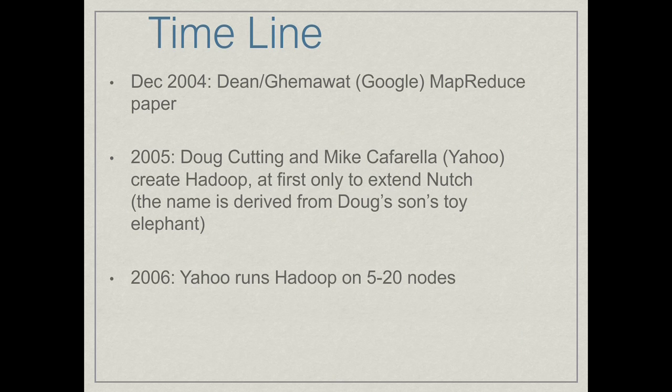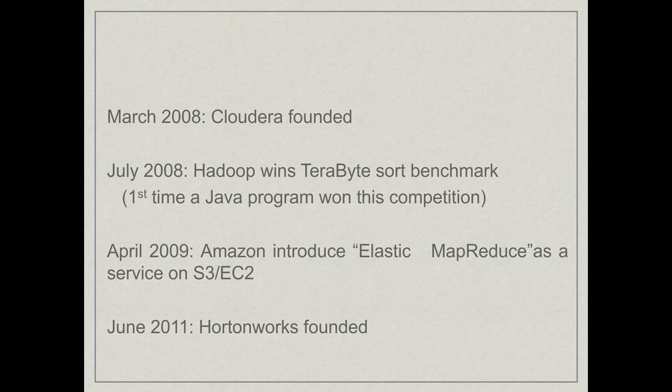In 2006 Yahoo ran Hadoop on 5 to 20 nodes. In March 2008 Cloudera was founded, and in July 2008 Hadoop won the terabyte sort benchmark. It's the first time a Java program won this competition.